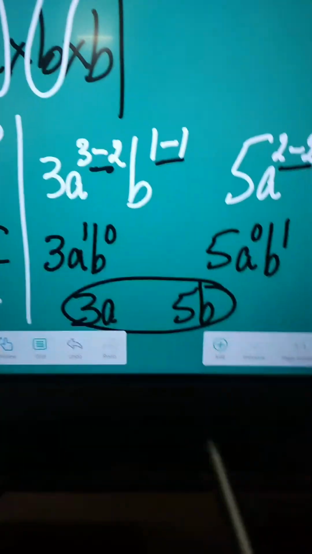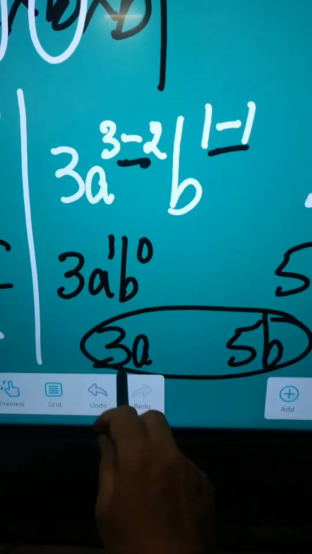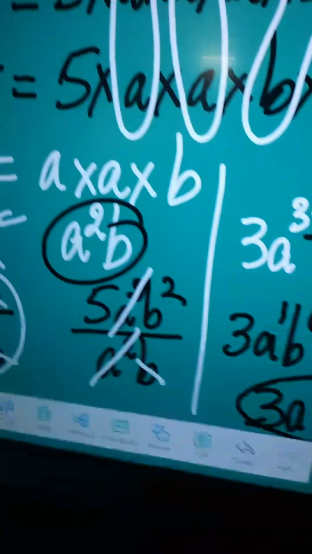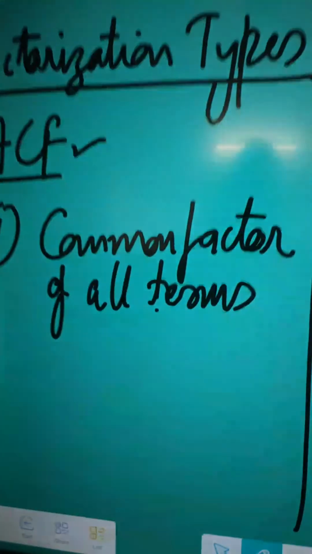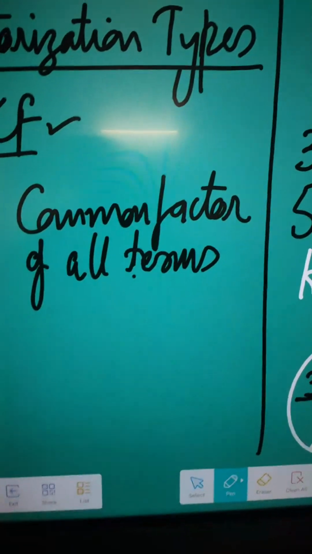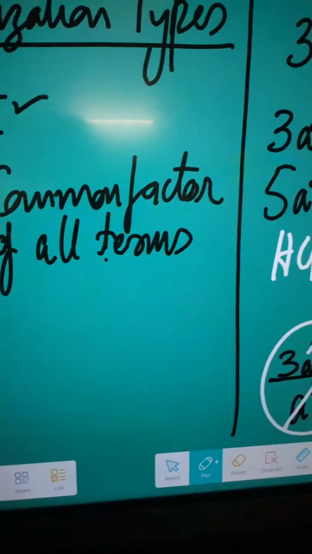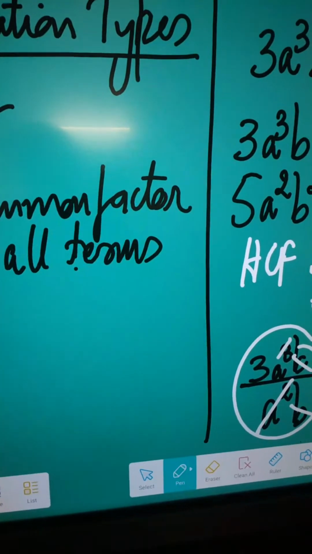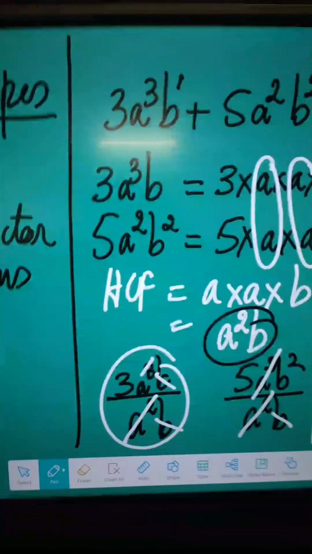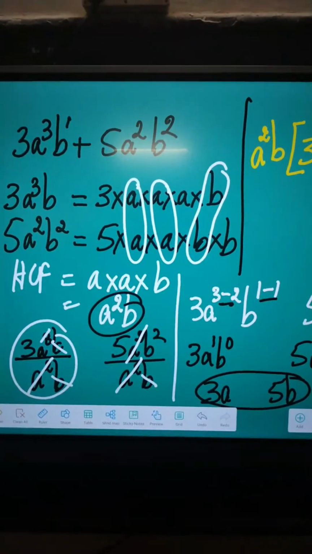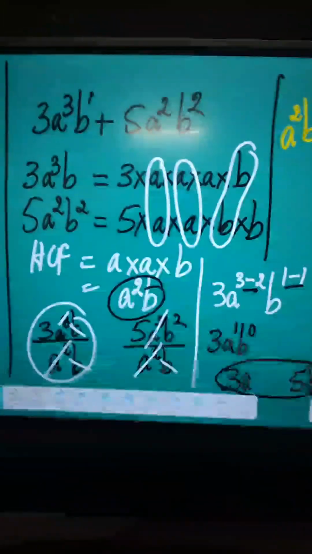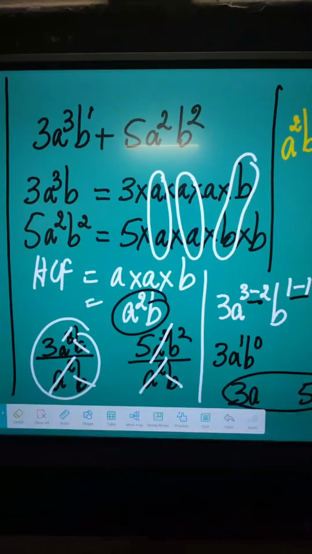Look at how this came from the previous step very carefully. You will understand the first method of factorization, which is the common factor of all terms. The question can be in any form, but you have to find the HCF of the expression.